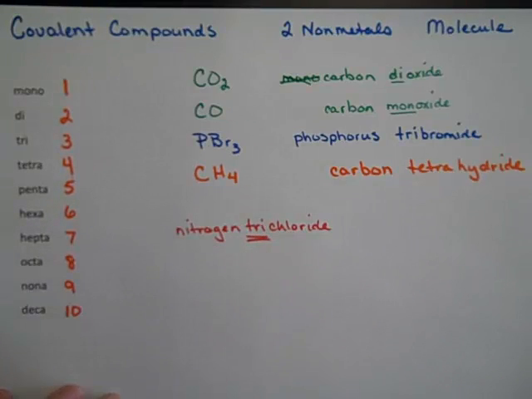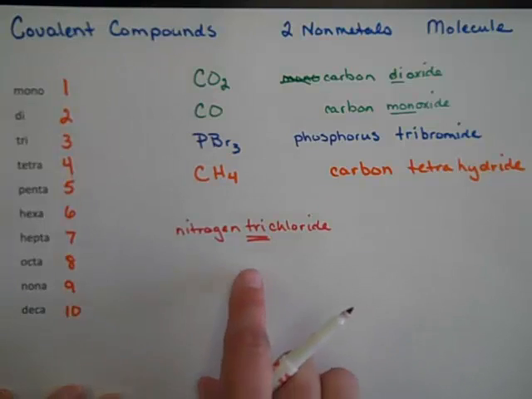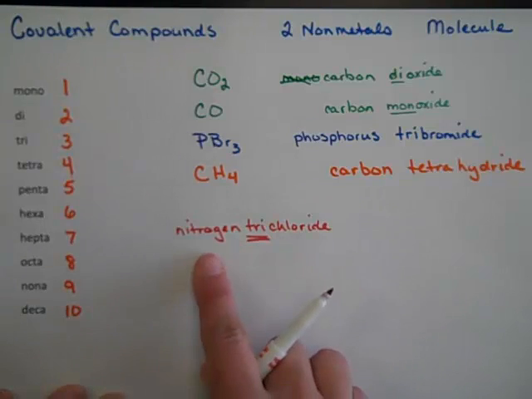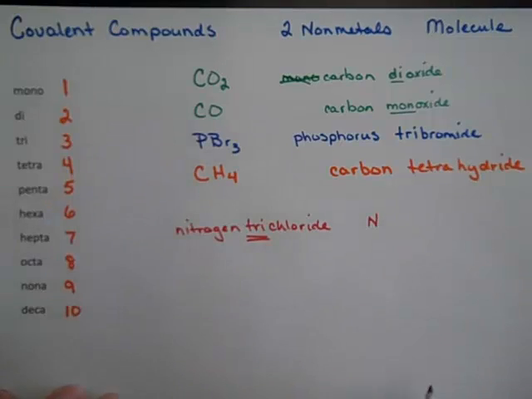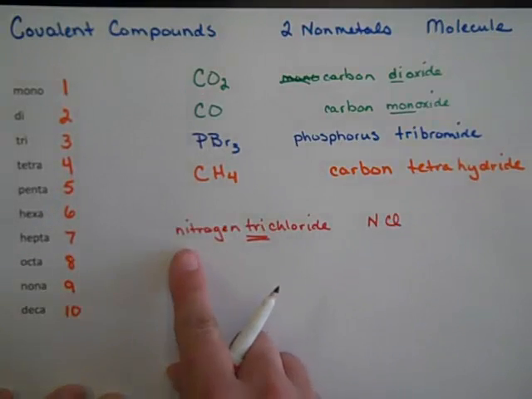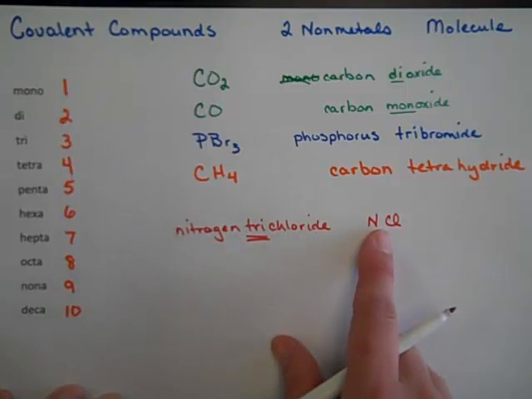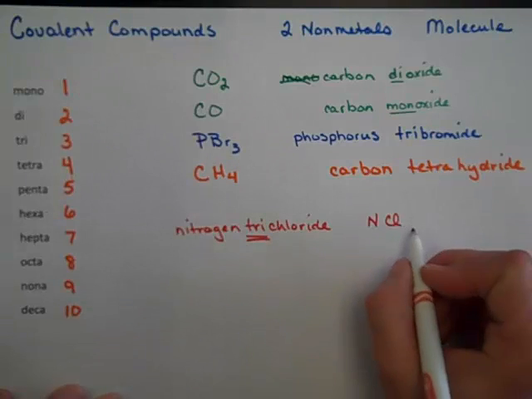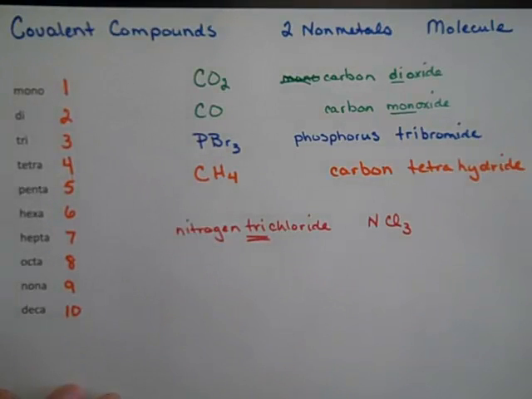That tells us that we don't have to do charges. All we have to do is look at the prefixes. So what we have is nitrogen and chlorine. Since there is no prefix in front of the first nitrogen, it means there's 1. Since tri is the prefix for the chlorine, it means that there's 3.